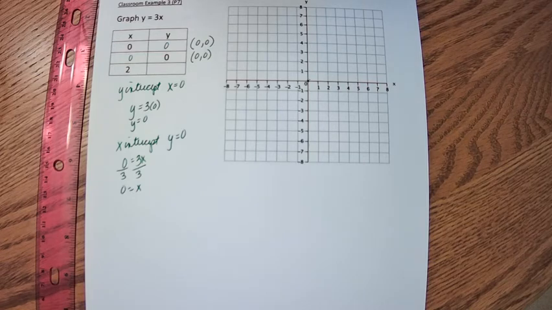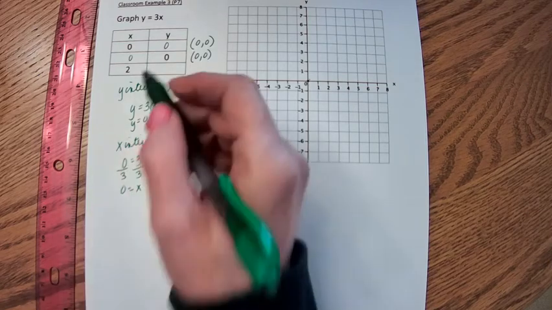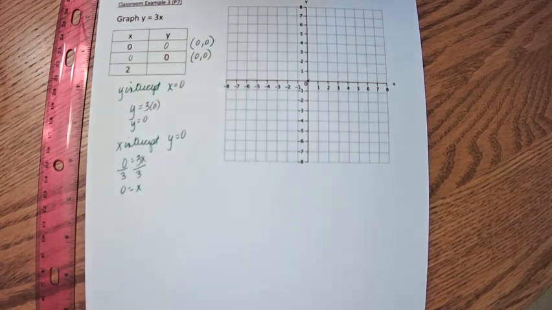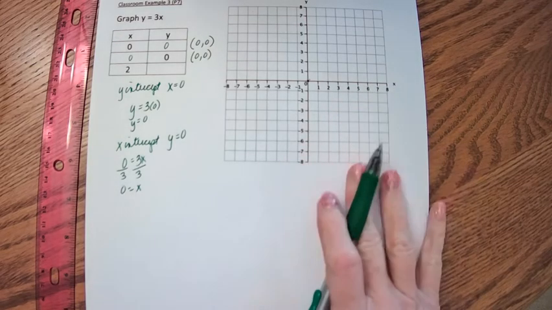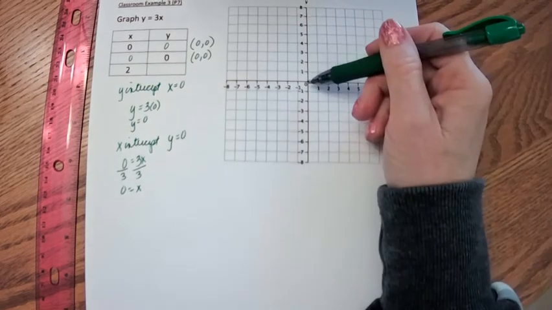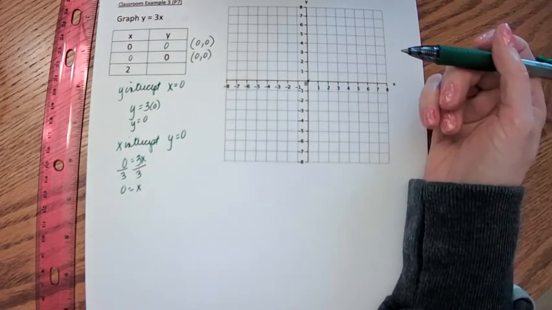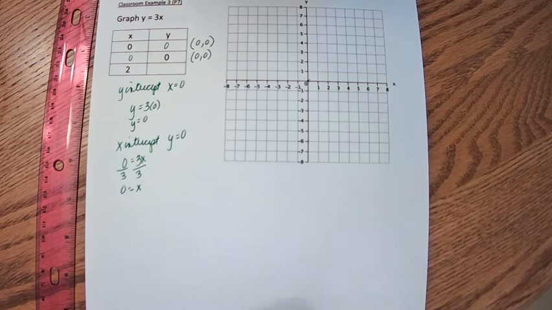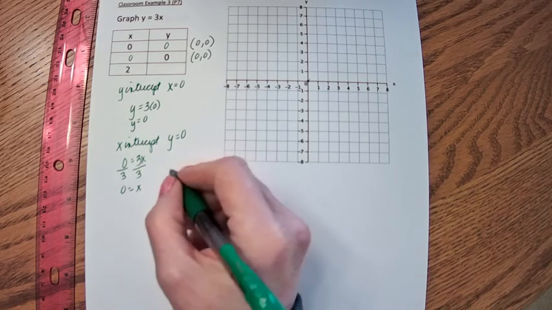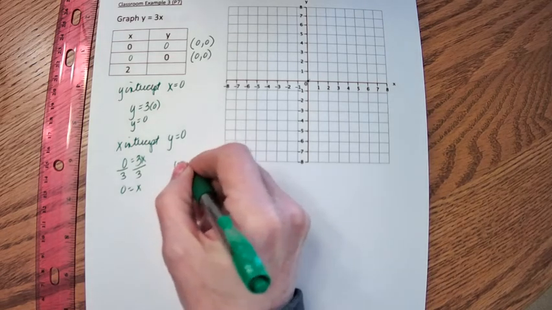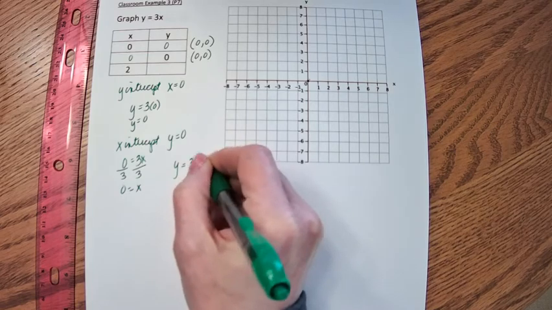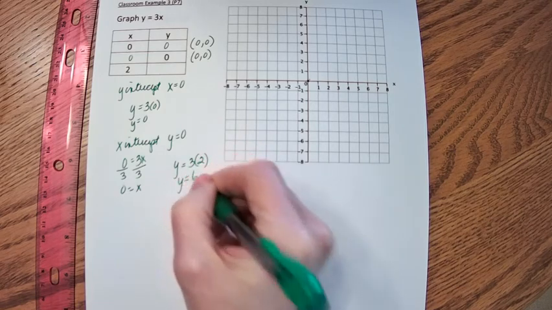We need two distinct or unique points to be able to graph a line. So we have to pick any other value for x and y. We have to find a second point in order to be able to graph this line. Doing it by intercepts was not enough because the intercepts were origin. They shared origin as their intercepts. So let's find the y value when x is 2.